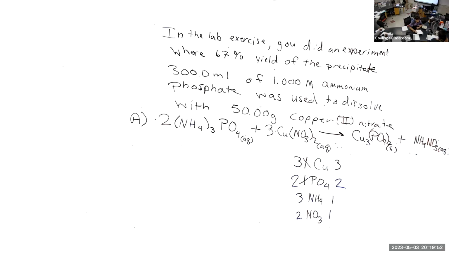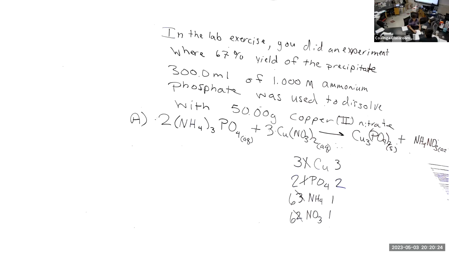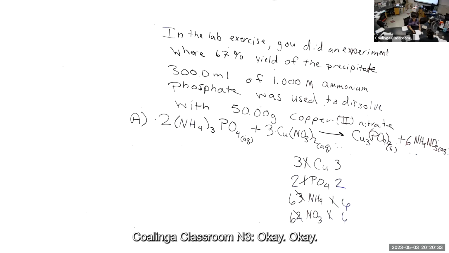What do we have now? 2 times 6. Then what do I need on the other side? You said there's just one here. These are good, right? So what do I need to do?